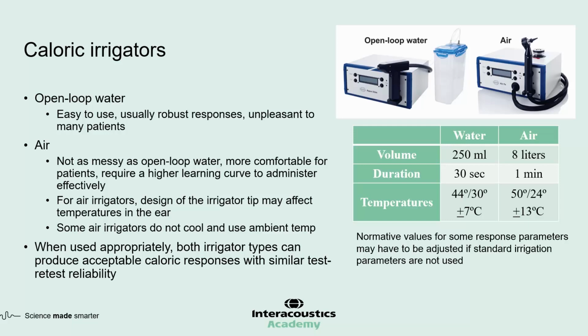If you use these standard parameters, then the normative values that we'll talk about a little bit later on will directly apply to your clinic. If for some reason you're using numbers that are slightly different, you should still be able to use the normative values. But if you're using something that's substantially different, then you probably have to develop your own norms.